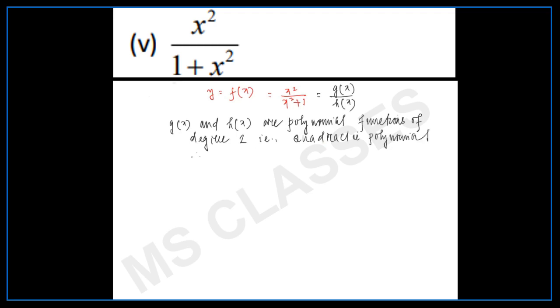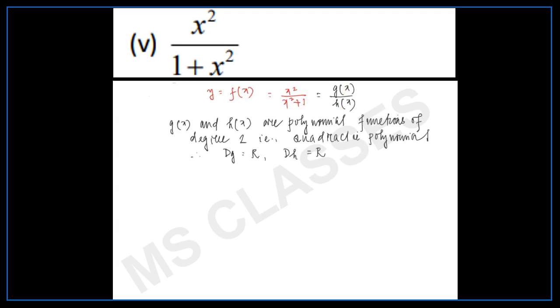Therefore, domain of g equals R, domain of h equals R. And next, to find the domain of f(x), it is the domain of g intersection domain of h, minus those values of x for which h is 0.